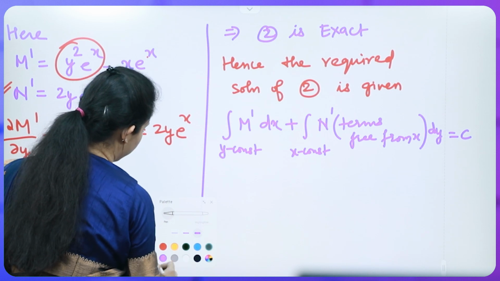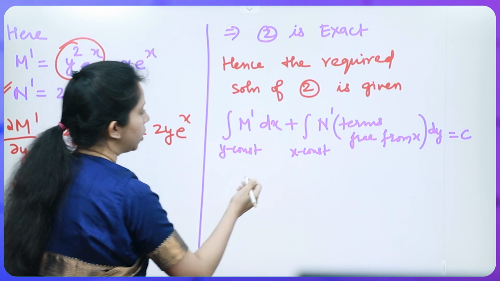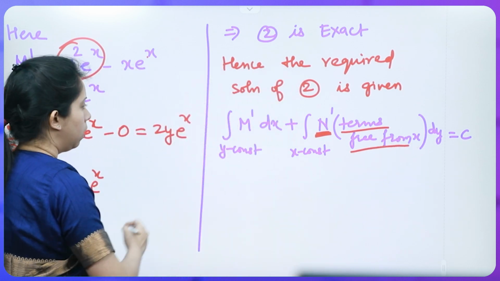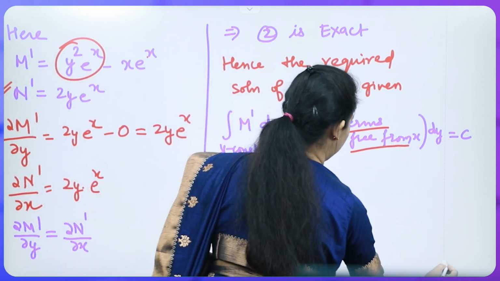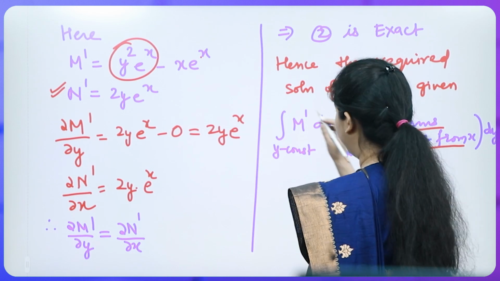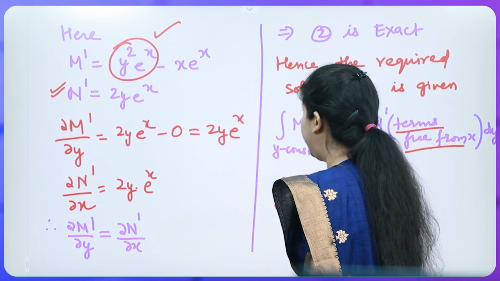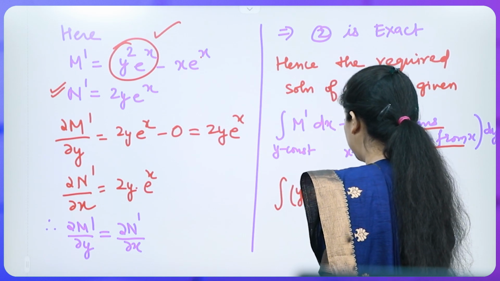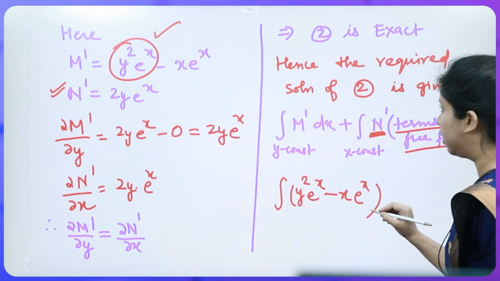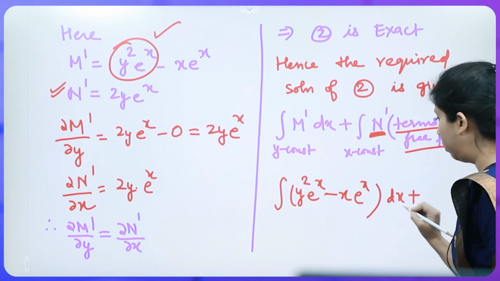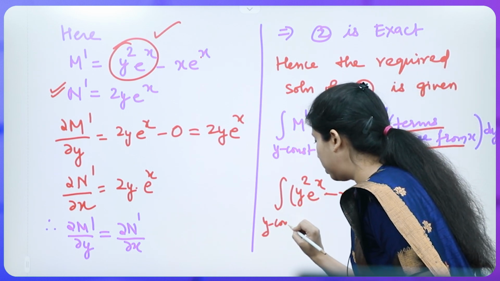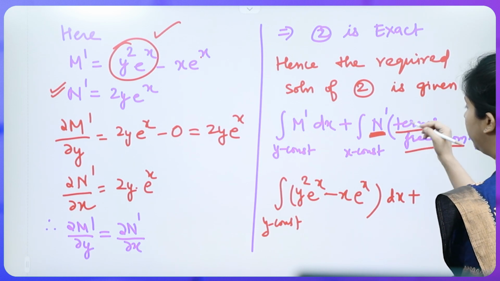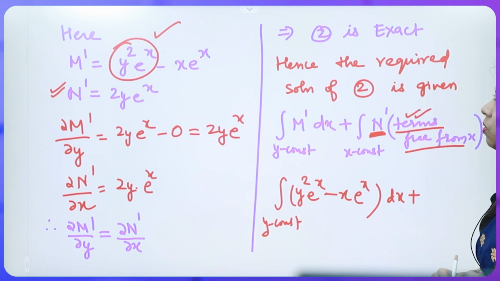So, now we will substitute the value of M' and N'. For N' we will consider only those terms which are free from x. So, M' is the integration of (y² e^x - x e^x) dx, here we treat y as constant, plus integration of N', which should have only those terms which are free from x.